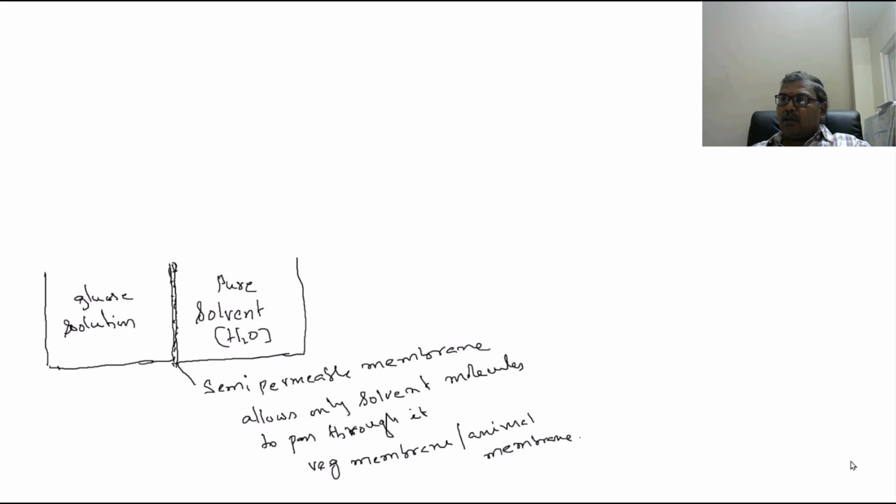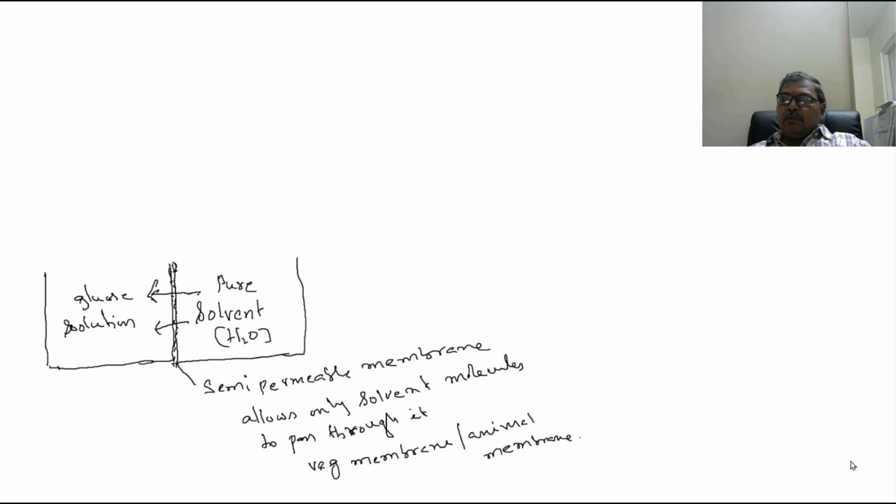What is the direction of diffusion of solvent molecules? That is important. Solvent molecules from the pure solvent diffuse through the semi-permeable membrane into the solution. This is the direction of flow of solvent molecules.